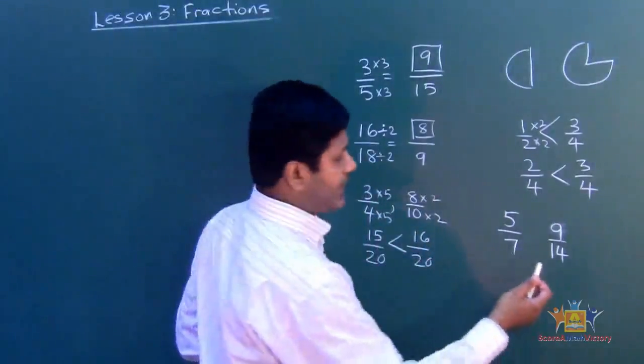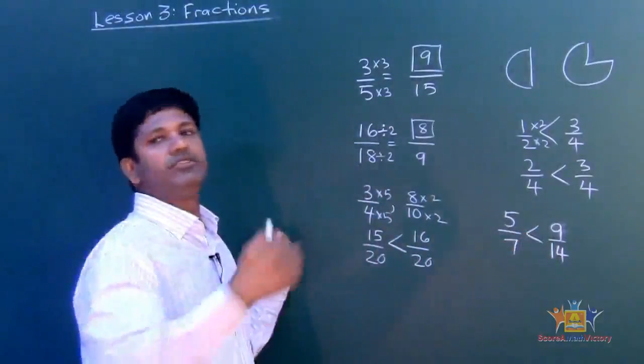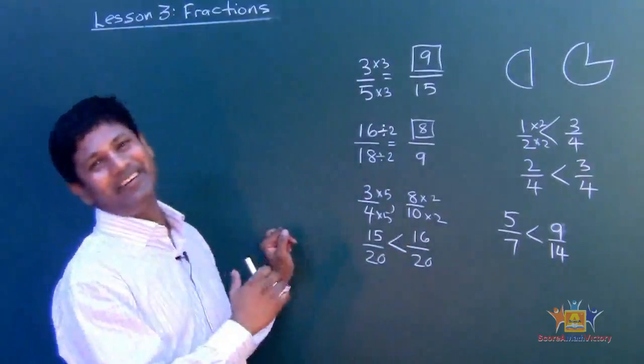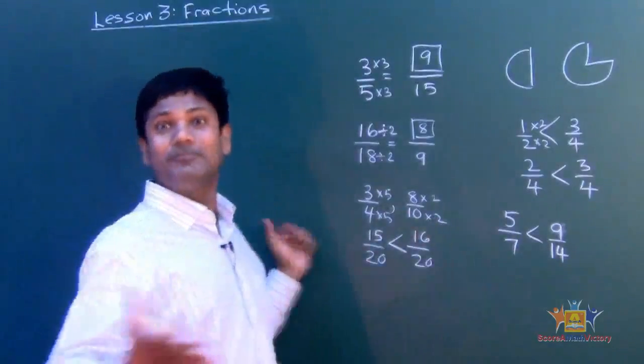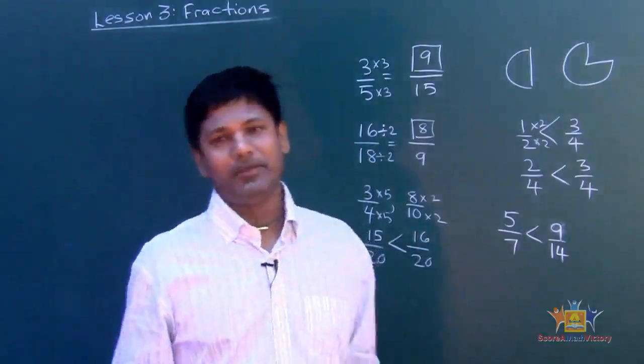Let's say, for example, we just guessed, well, 9 is bigger than 5. Which you're not supposed to do in mathematics. Never ever guess, okay? Because there's always a way to solve it, to get to the answer. That's what mathematics is all about. Can you imagine if everything were guessed?